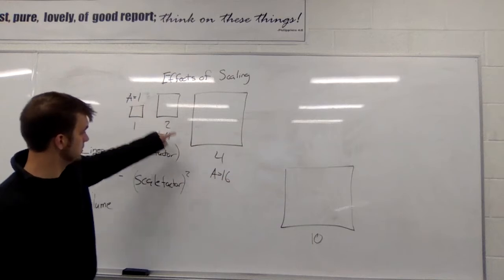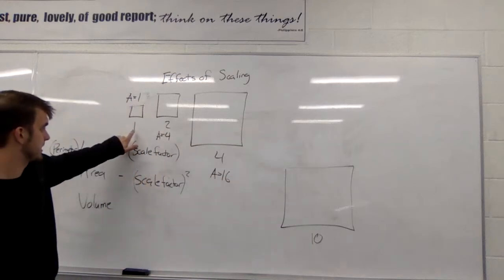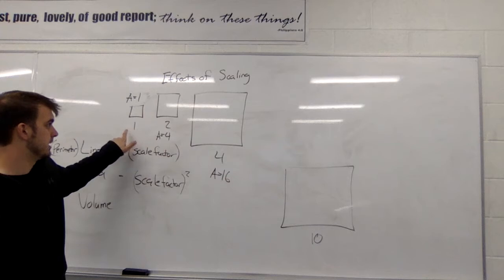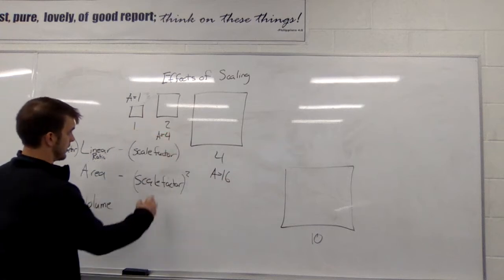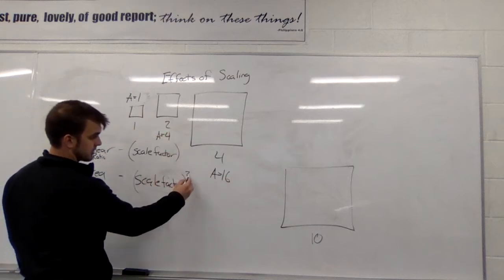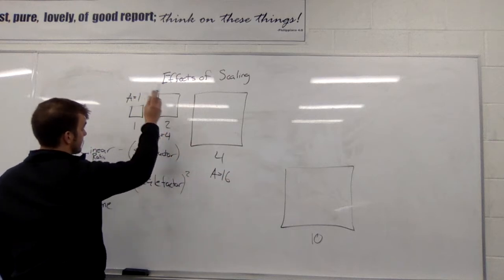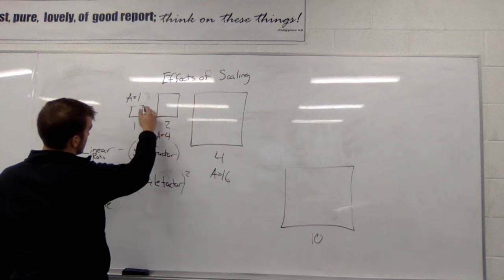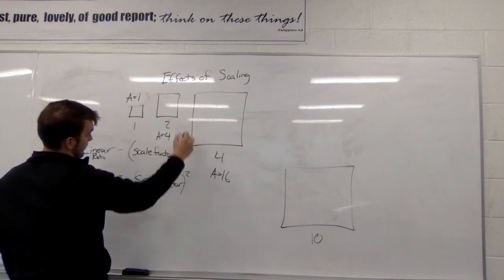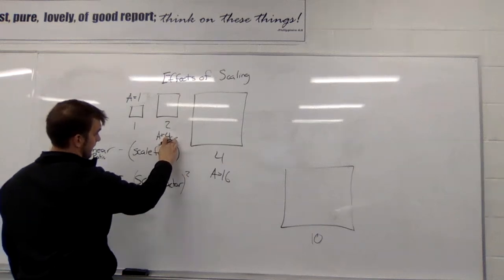So it goes 1, 4, 16. The way you do that is, what do you need to multiply to get from 1 to 2? And that is 2. So your scale factor squared. 2 squared is 4. Sure enough. There you have it. Your scale factor is 2. So therefore, scale factor squared is going to be how much bigger your area is.